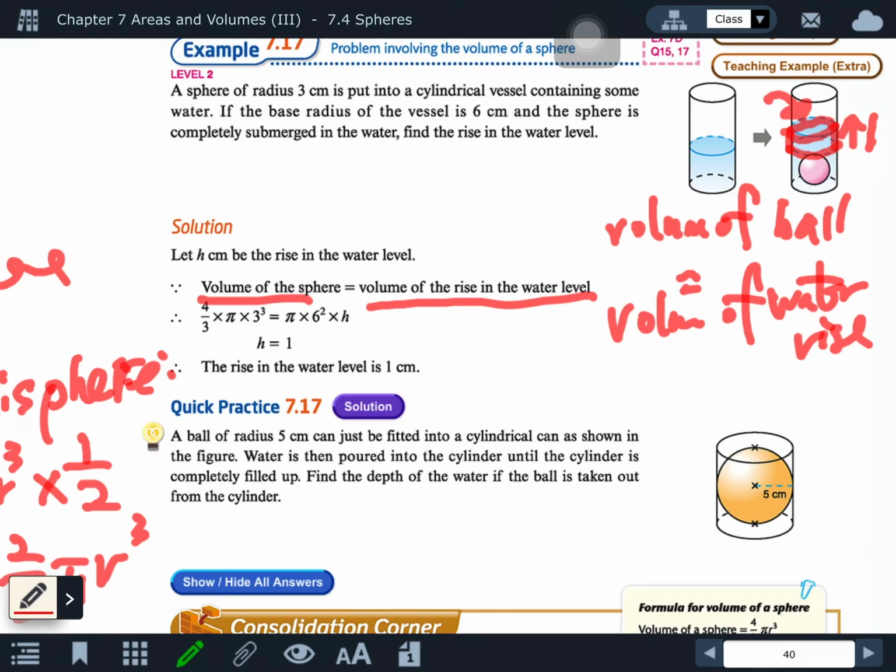Because we don't know the height yet, we need to find the rise of the water level, so we let h be the rise of the water level.